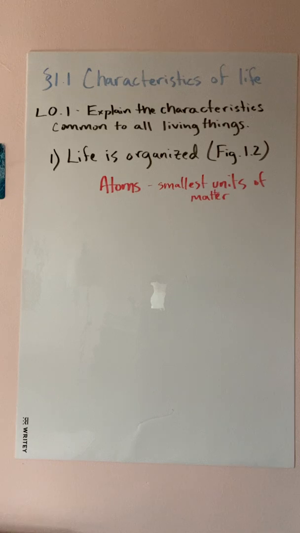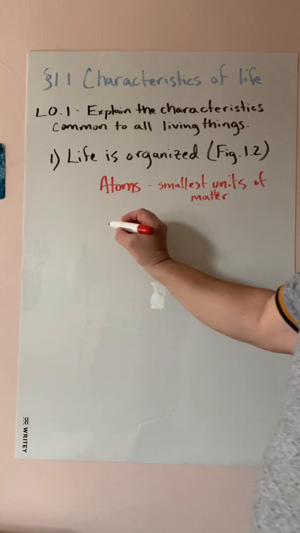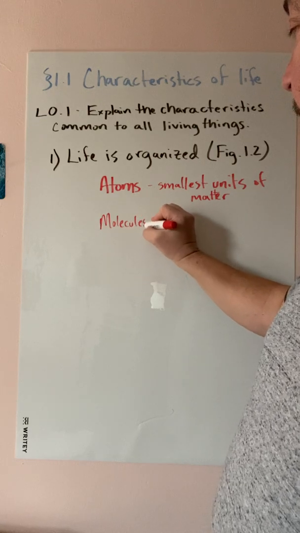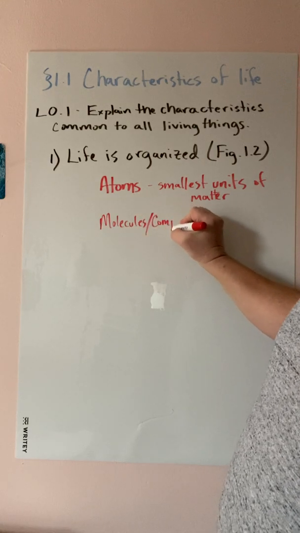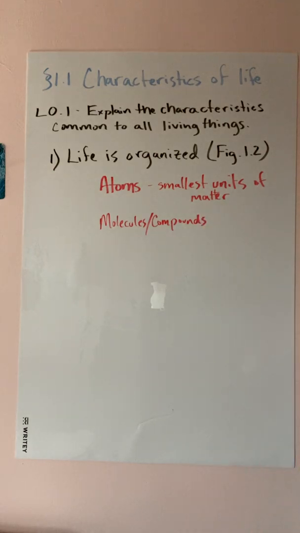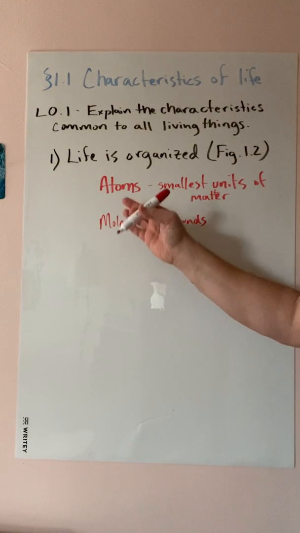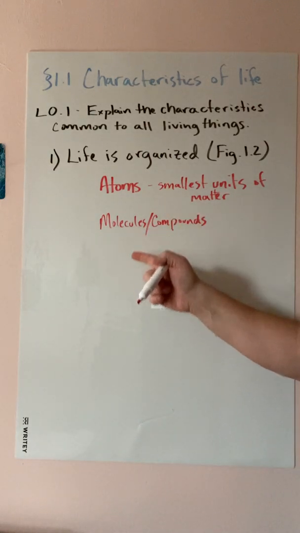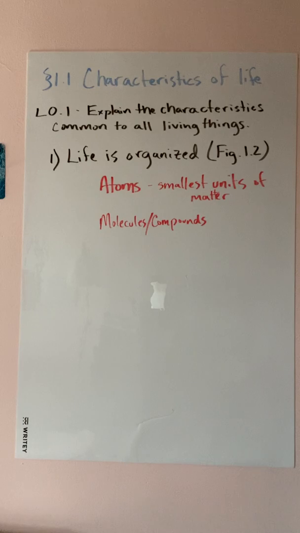We will then put atoms together and we will form molecules and compounds. These are two terms that I'll use interchangeably, but they do have their own unique characteristics. Collections of atoms are molecules. You're going to notice we've started with the smallest units. We're going to start building bigger and bigger things.